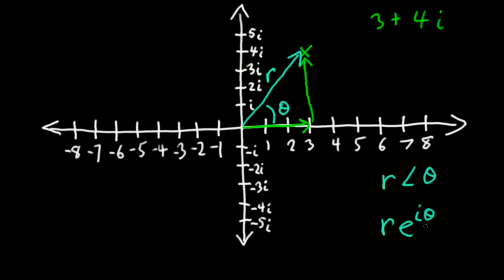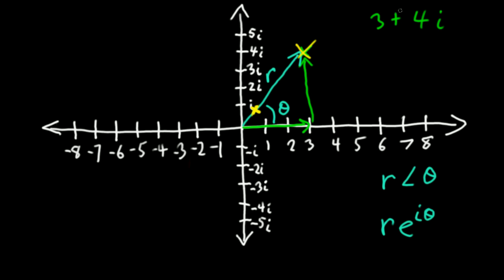Remember, e to the i theta describes a point along the unit circle, right around here, that has that angle. And then we multiply that unit vector by r, and that gets us out to this point here. So, two completely different ways to represent the same number.